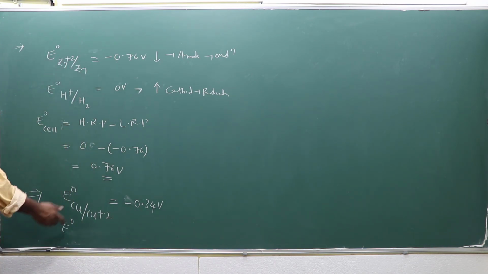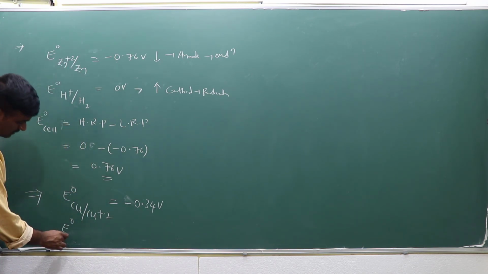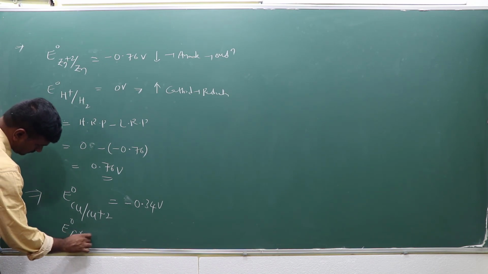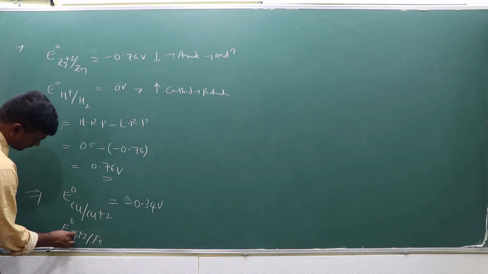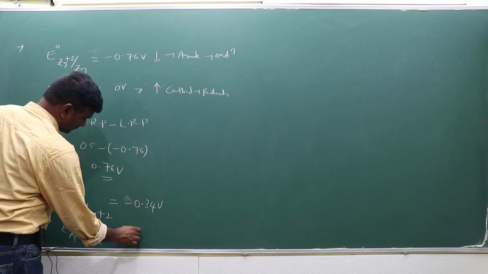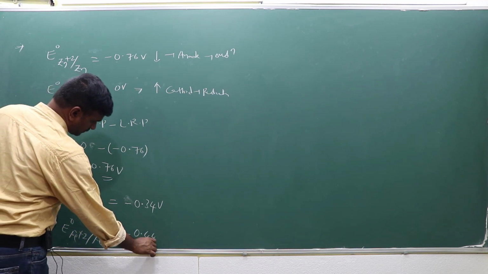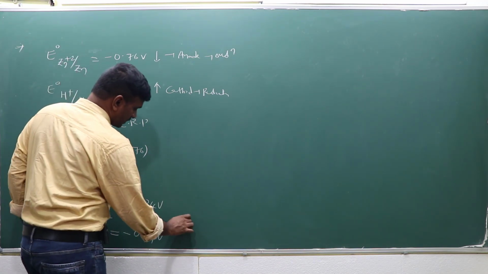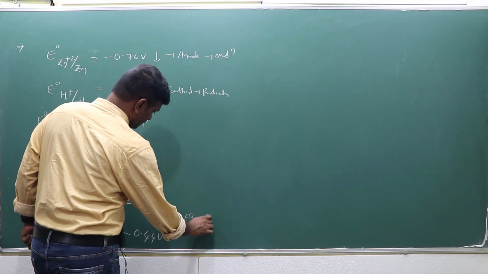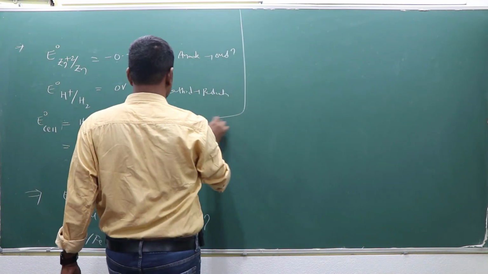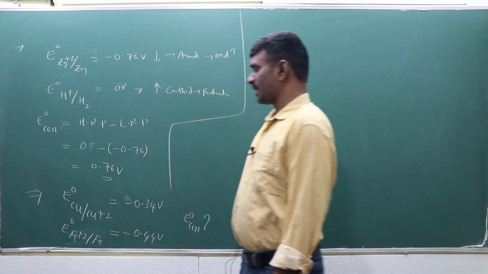This combination we have already discussed. What is E0 cell for this example?